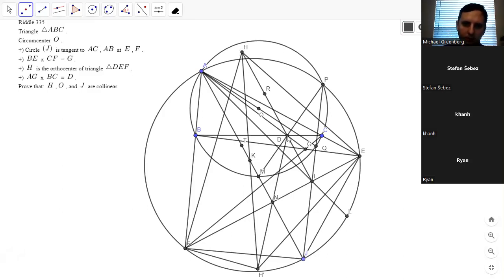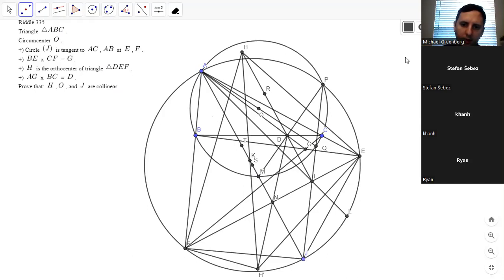Let's try this. So yeah, Rn, so AR equals Kn. Do I even have the center of, there's a lot of points here.